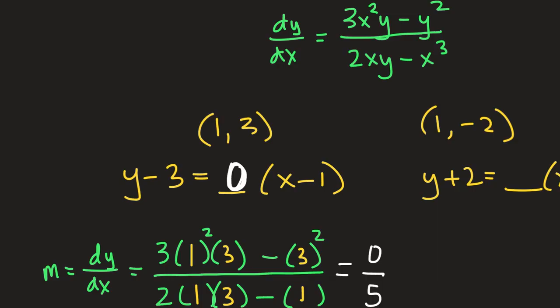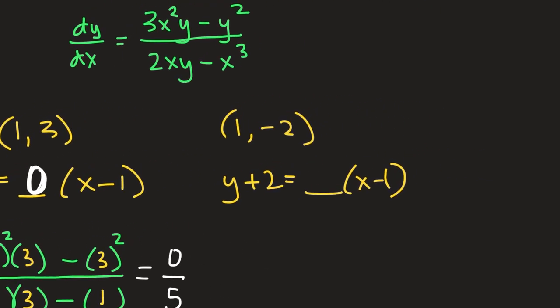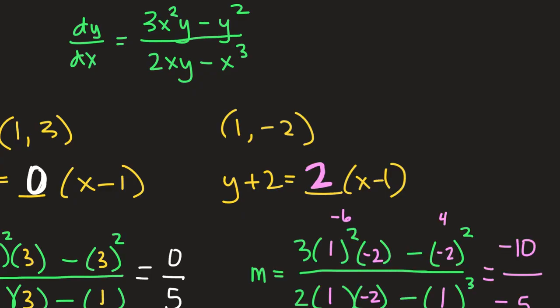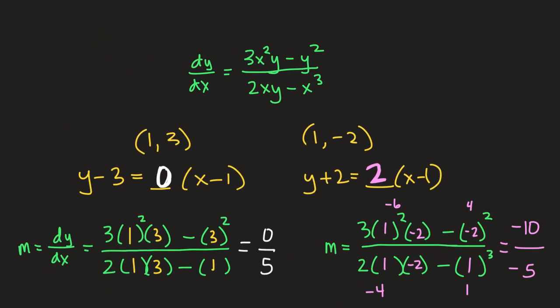Okay, let's do the same thing for our second point, 1 comma negative 2. So the slope of our second line, the tangent line at the point 1, negative 2, is going to be positive 2.